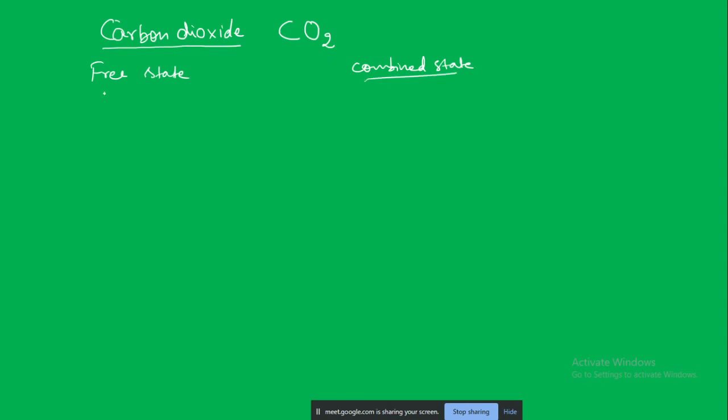In the free state it may occur in the atmosphere, where the percentage of carbon dioxide is between 0.03 and 0.04%, or it may be present in the earth's crust, in coal mines for example.